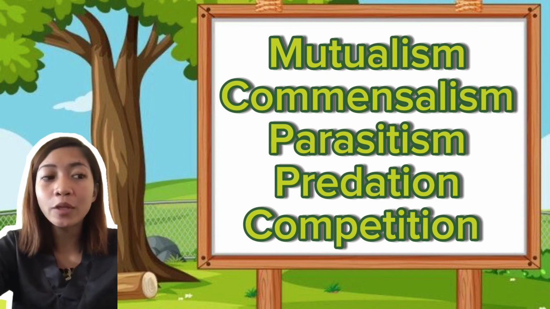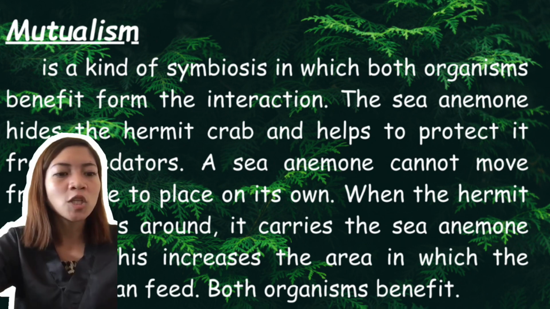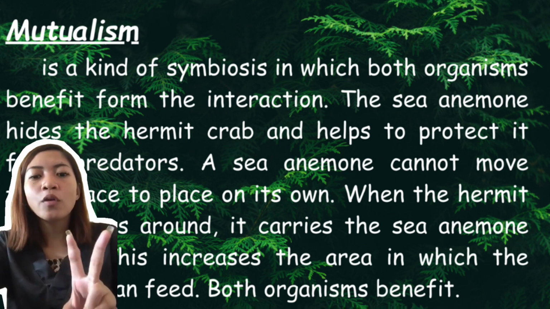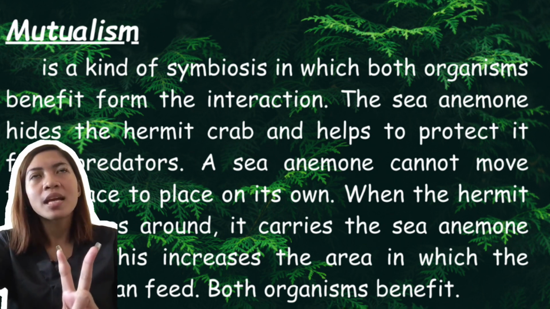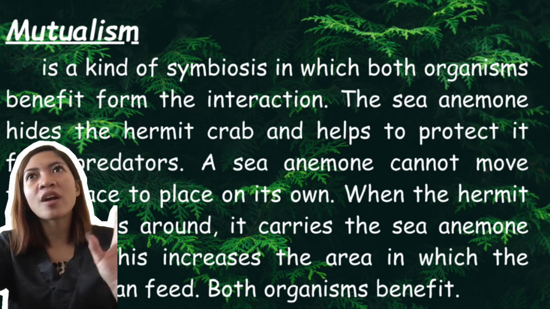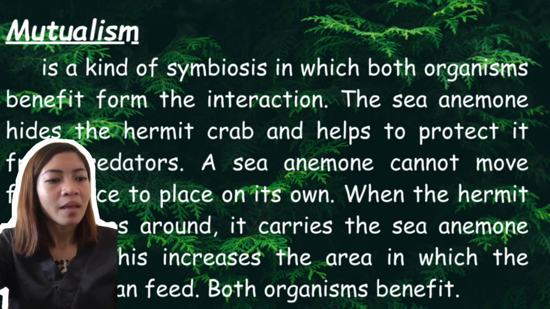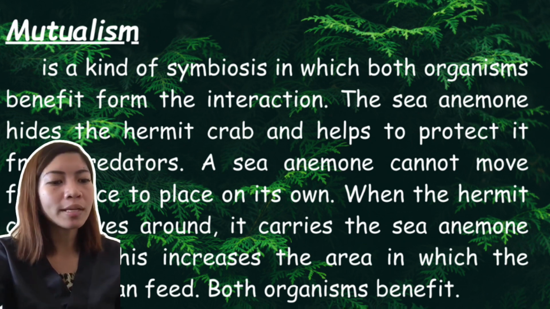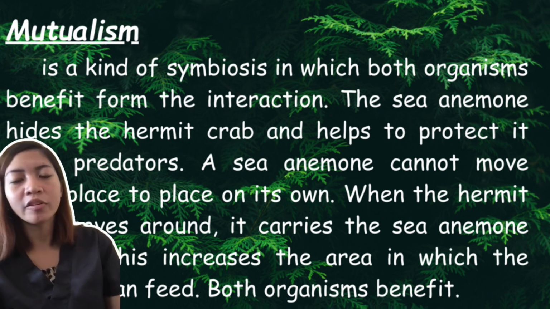So what is mutualism, by the way? Mutualism is a kind of symbiosis in which both organisms benefit from the interaction. So yung bawat isa na species or organism ay nakaka-benefit from each other. Yun yung tinatawag na mutualism. And yung example ng mutualism is yung sea anemone and yung hermit crab.